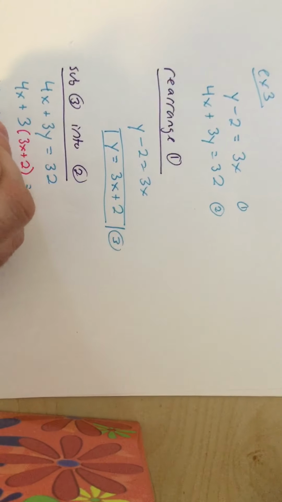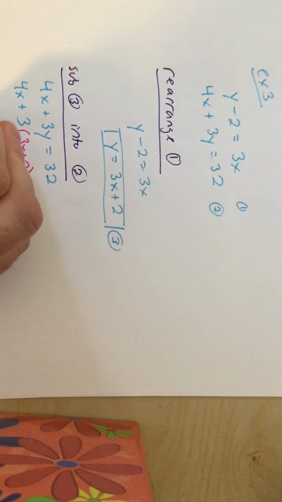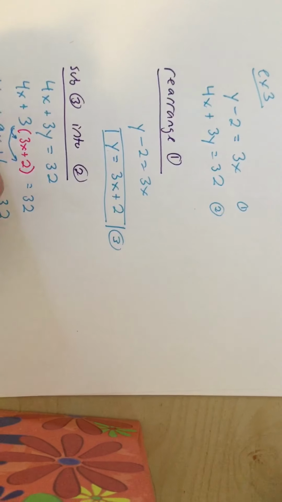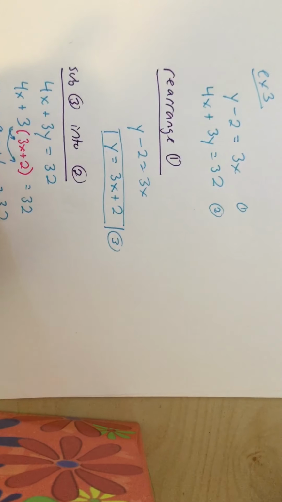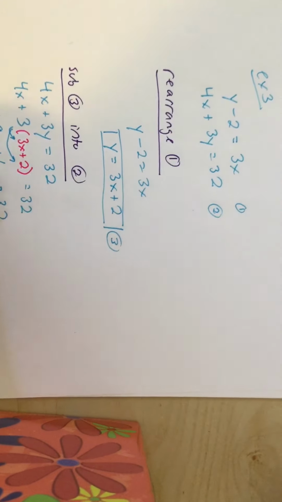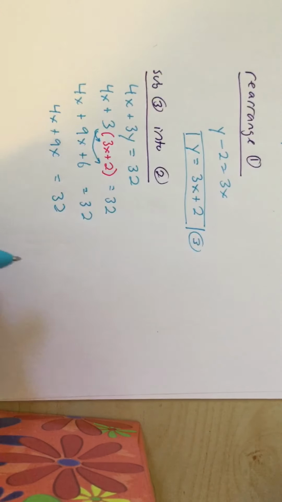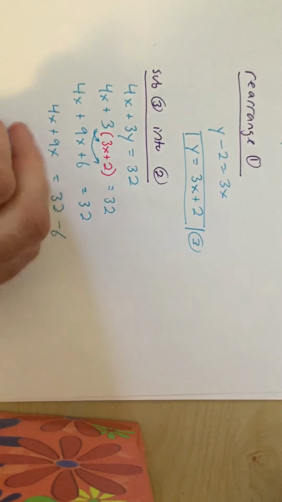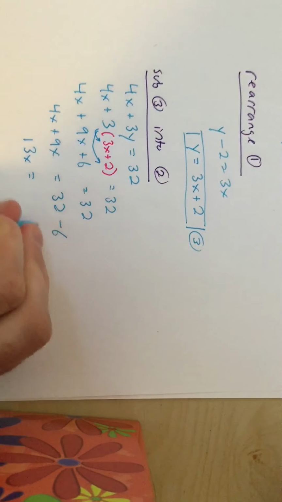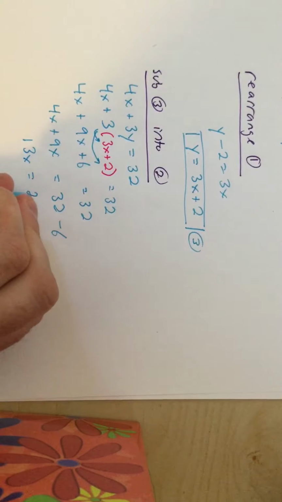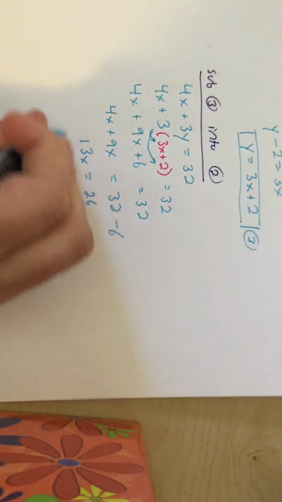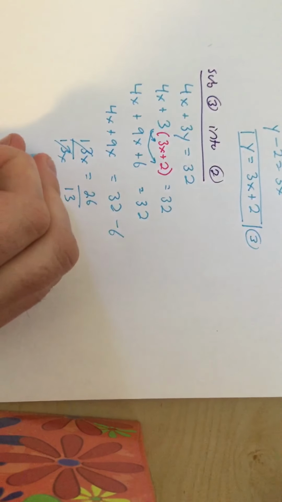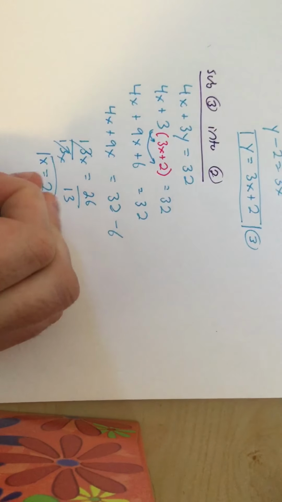So 4x plus 9x plus 6, I did some fancy multiplication there, equals 32. 4x plus 9x is 32 minus 6. So 13x equals 26. x equals 2.